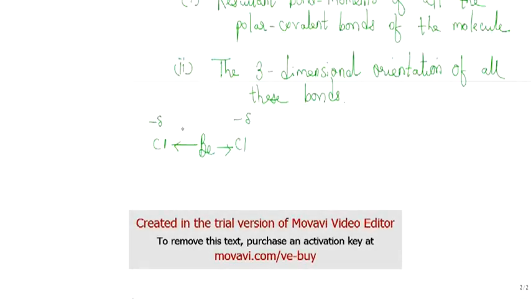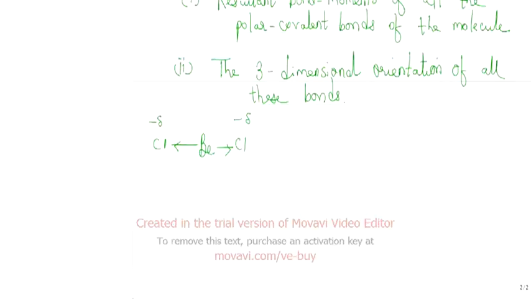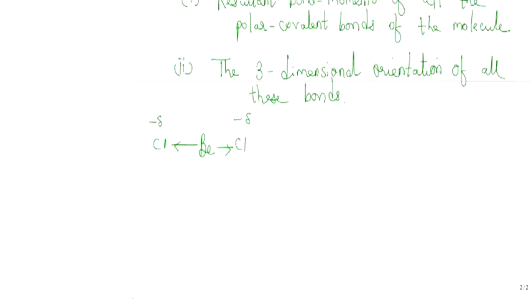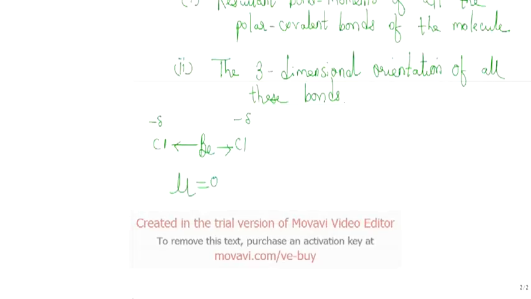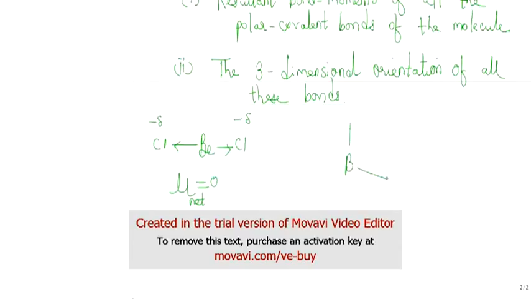In this case, there are two polar covalent bonds in the molecule. However, the directions of both these polar covalent bonds are exactly opposite, and the magnitude is the same. So the resultant dipole moment would be 0. Net dipole moment would be 0. You talk about something like BF3.